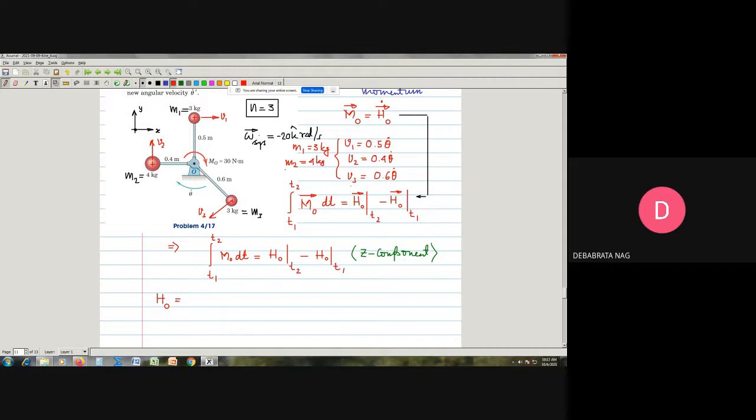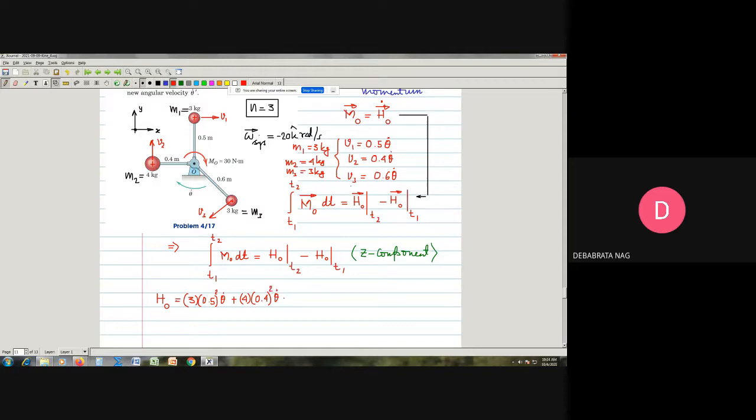And finally the mass m3, which is mentioned to be equal to 3 kg again. So we can say from here that HO will be equal to 3 into 0.5 theta dot into 0.5, so ultimately this becomes 0.5 square, plus 4 into 0.4 theta dot, again multiplied by 0.4.